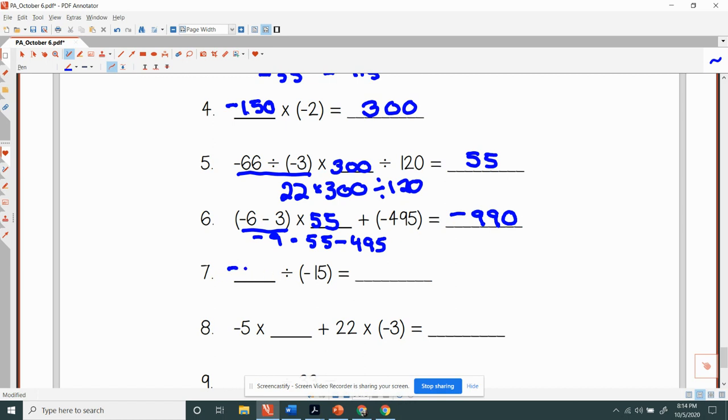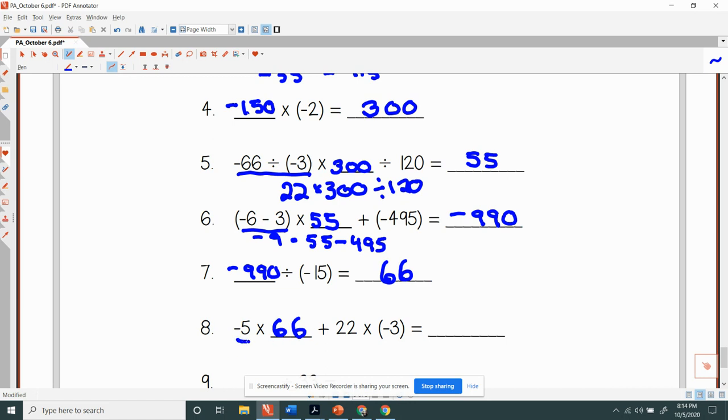So we put negative 990 here, and we have a negative times a negative, so the answer will be positive. So we're going to take negative 990 and divide it by negative 15, and we will get 66. And 66 goes on this line.